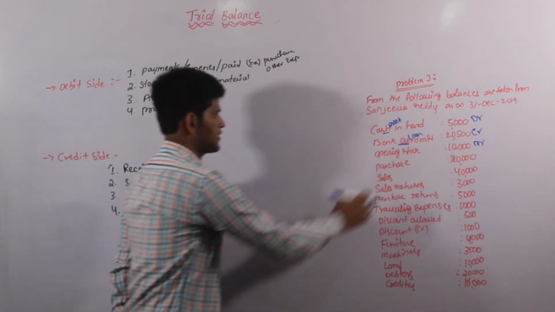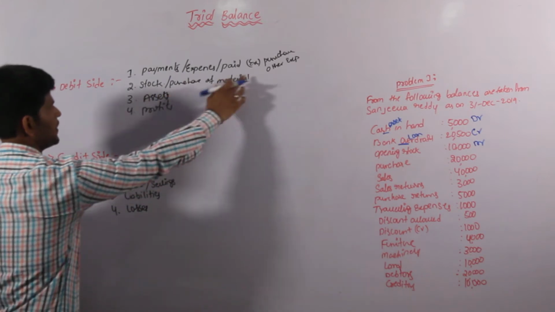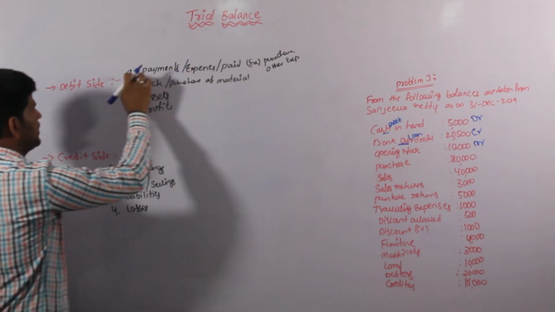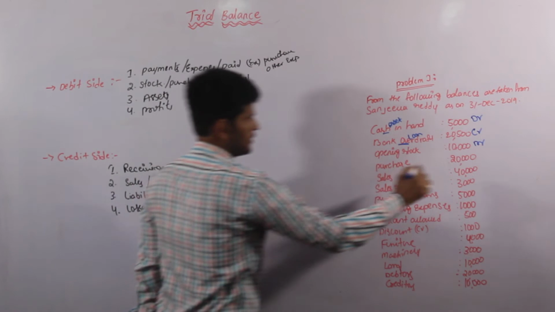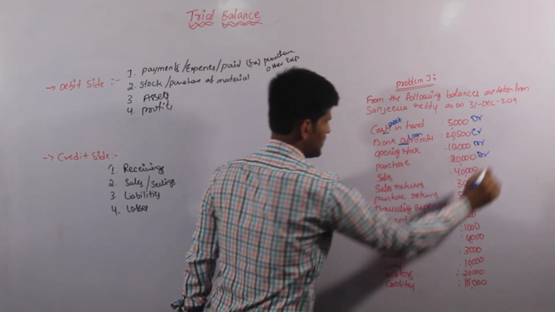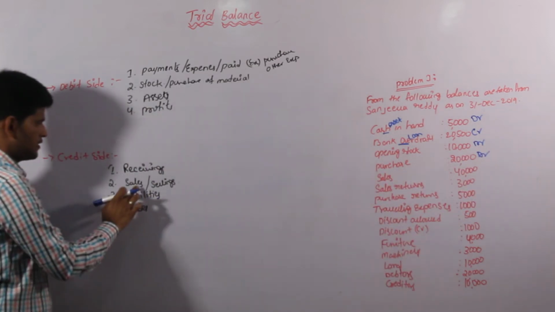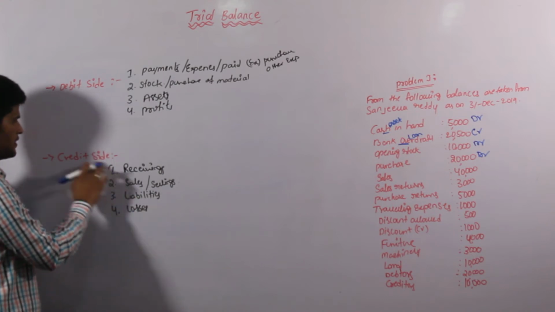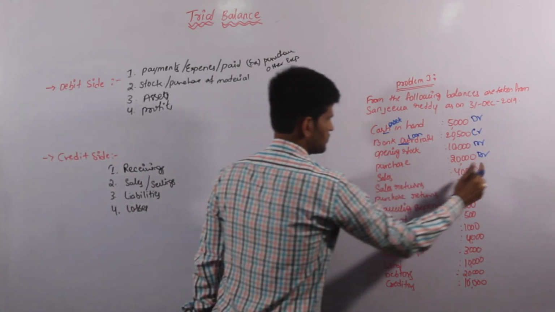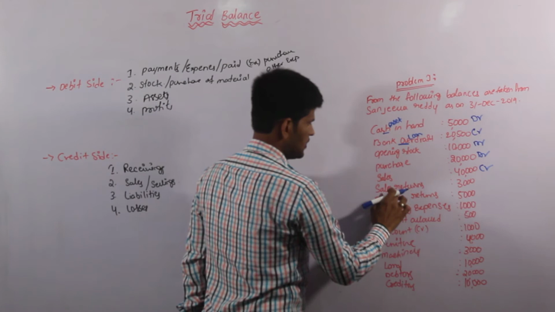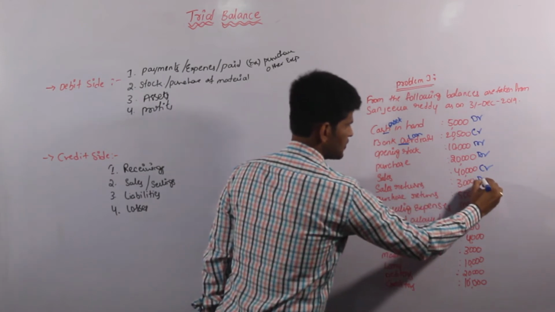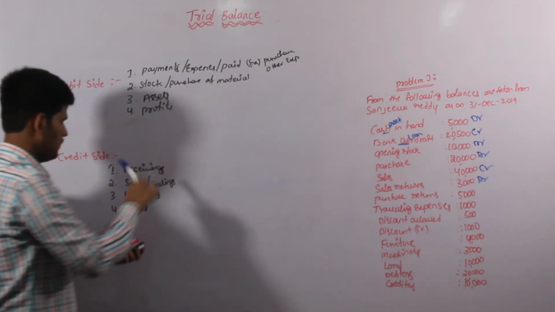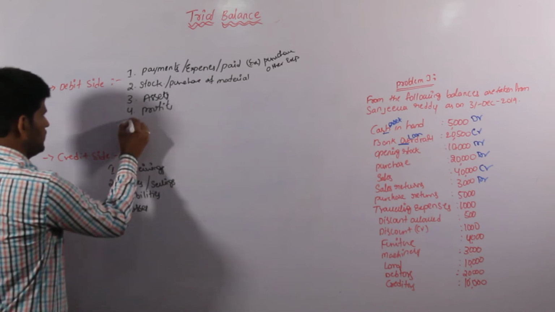Purchase. Here we have purchase, nothing but payment. Payment is on the debit side. This one is also debit side. Sales. Sales is nothing but income. Income is on the credit side. Sales returns. Sales returns is always debit side. Here we have the fifth condition we have to write.